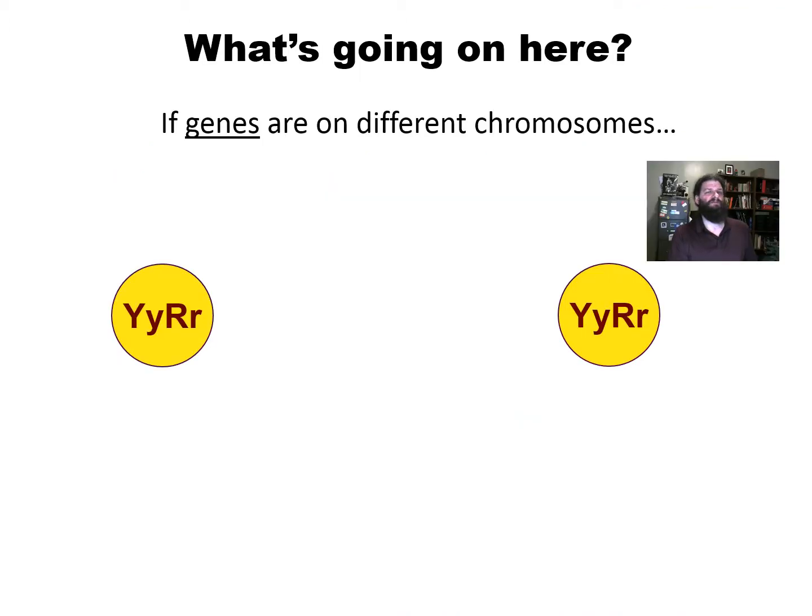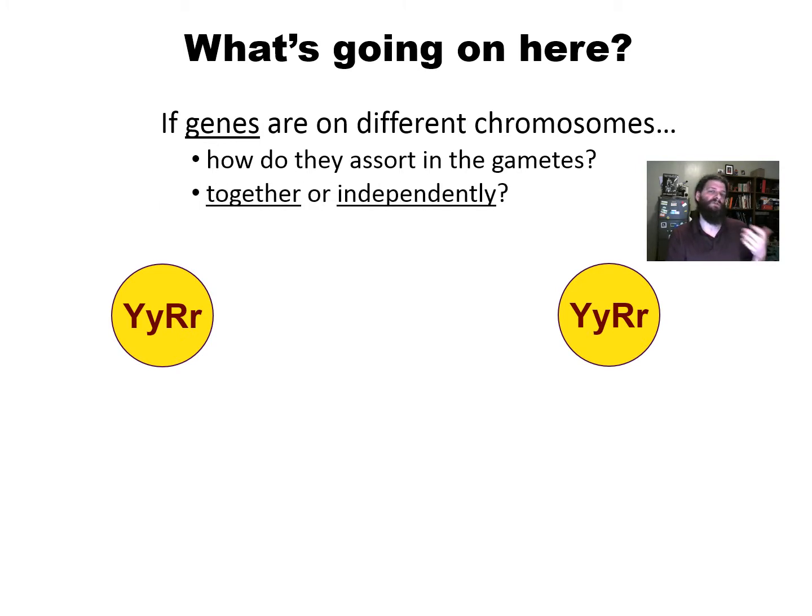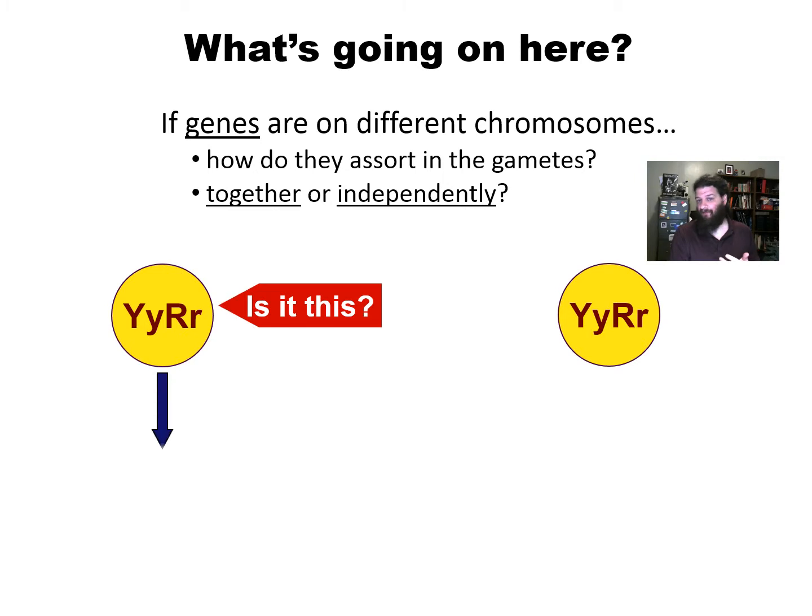What Mendel was trying to figure out with these dihybrid crosses is if genes, or in his case factors, since the term gene hadn't really been coined yet, if these factors, when they're inherited, come in units. Do they come together, or do they actually segregate independently from one another?